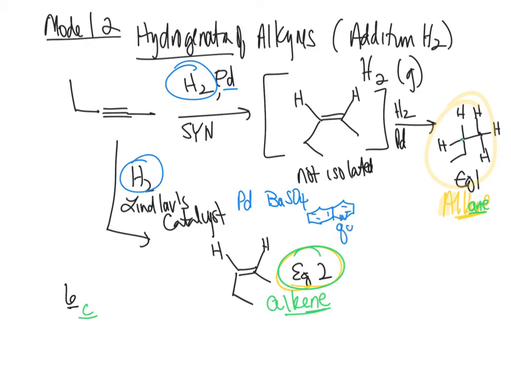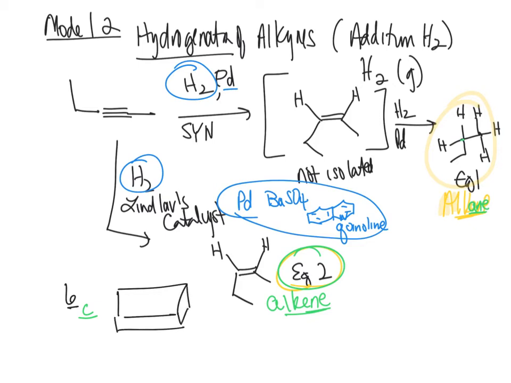Okay, so this is called quinoline. And so when you poison the palladium with barium sulfate and quinoline, do you remember how I told you that this is like a metal? So you've got the palladium metal, and then hydrogen gets in situ, I think that's the word, where it gets into the palladium pores.